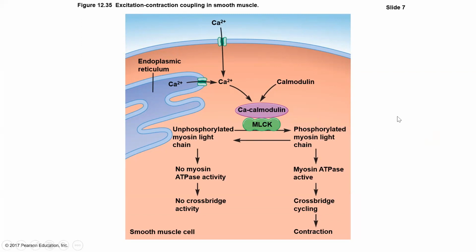Now, what I want to point out here is that calcium is also regulating this process, but in a very different way. In skeletal muscle, we saw that calcium regulated muscle contraction by binding to troponin and uncovering those myosin binding sites on actin, by the sliding of tropomyosin away from those binding sites.